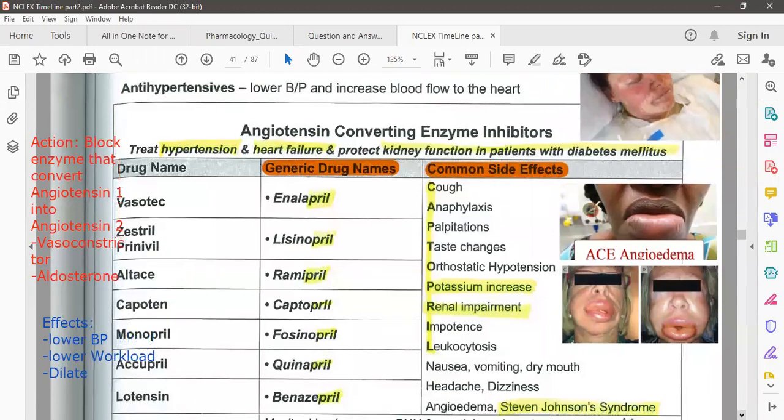What else? Some patients complain of palpitation or orthostatic hypotension. Any medication we use for high blood pressure has this common side effect. They can cause reduced blood pressure, hypotension.